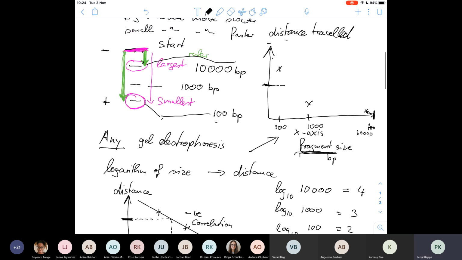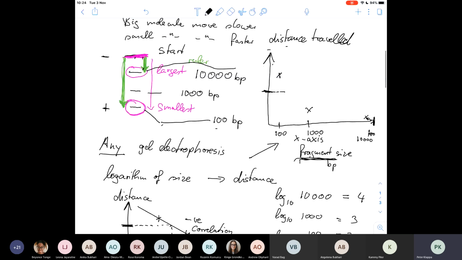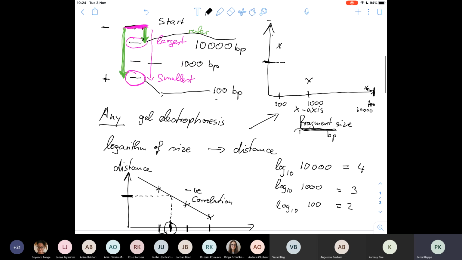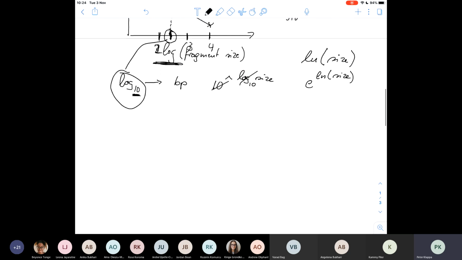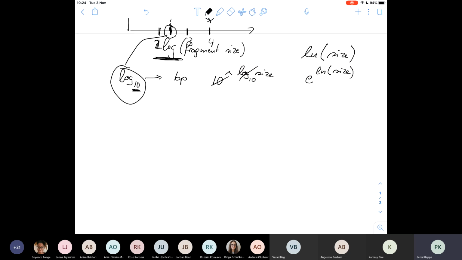So that is DNA, and DNA is easy to deal with. Why log 10? It's just the easiest to calculate. But if you really want to do log 3.1506, there's nothing that speaks against that. It's just rather unusual, and you might get some funny looks if you do it.